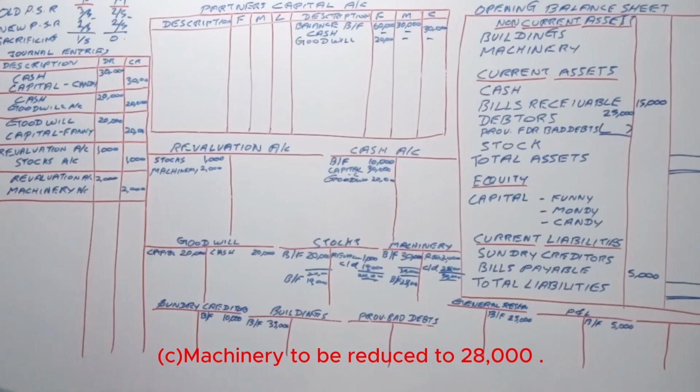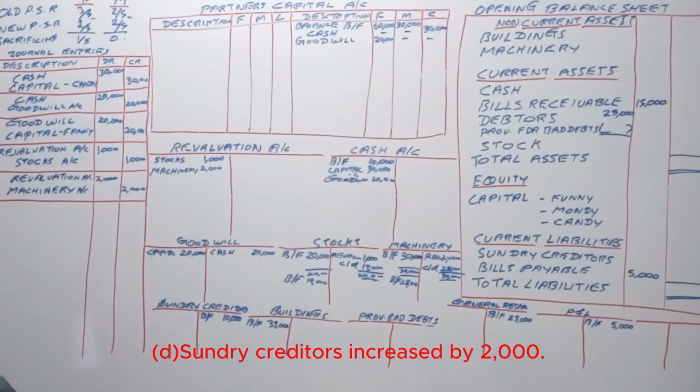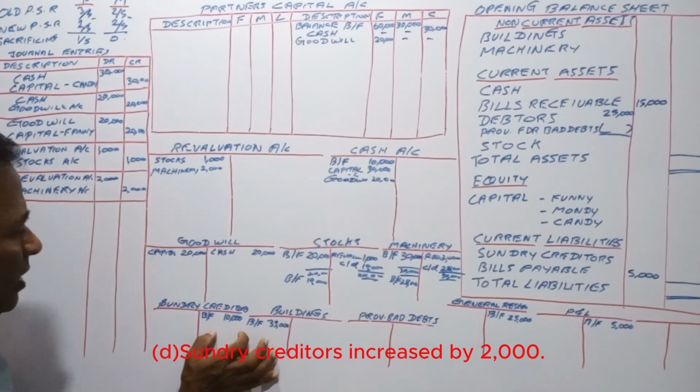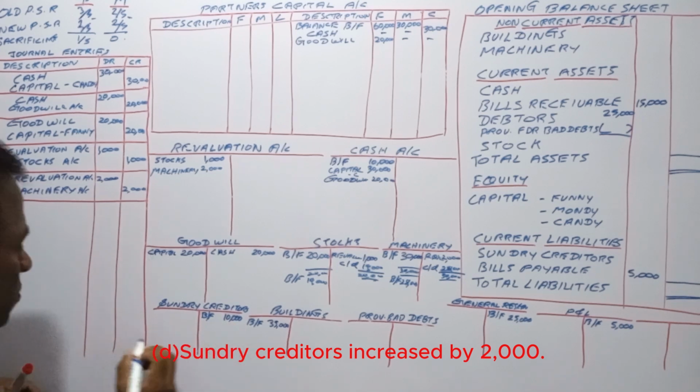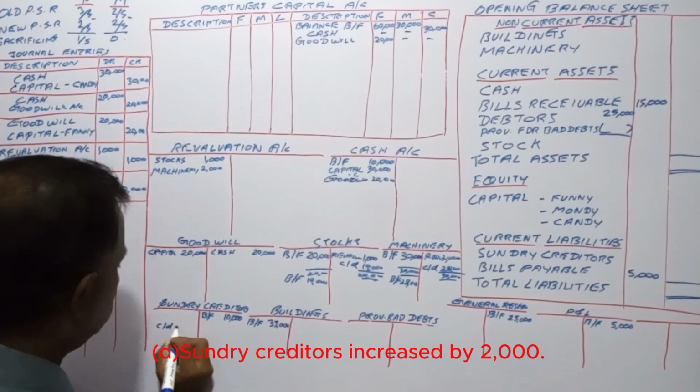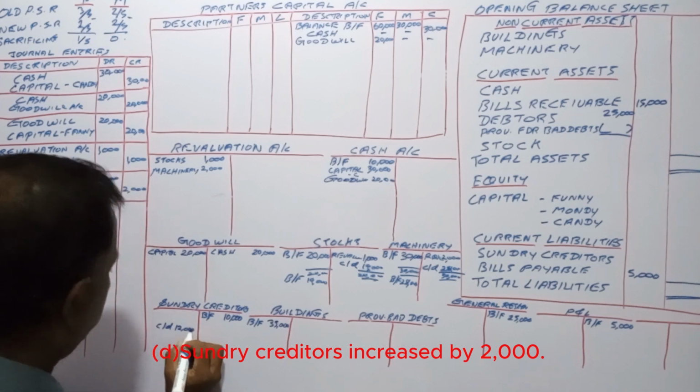So revaluation of machinery is finished, and sundry creditors are increased by 2,000. The brought forward balance of sundry creditors is 10,000. Increased by 2,000, the carried down value should be 12,000.